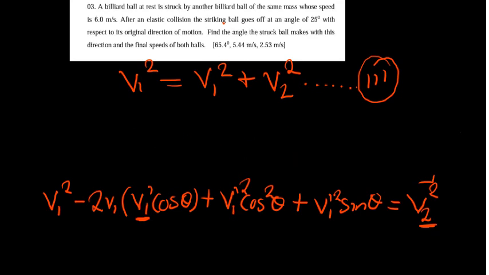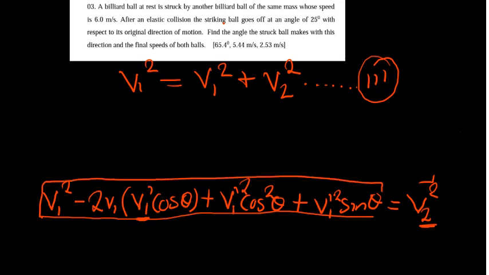What can we do with this third equation we've derived here? Our third equation is going to help us find the final velocity of ball 1. Since we've found that v2 squared is equal to this whole part, therefore, we're going to get this and replace it for v2 squared.